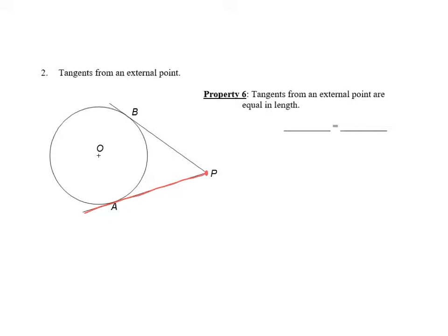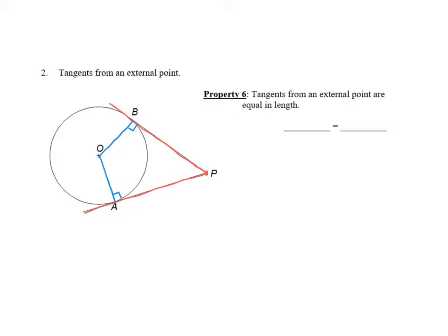If this is a tangent, that means it will be perpendicular to the radius of the circle at A. And next, we will have another tangent from the same point P to touch the circle at B. That means this tangent here will be perpendicular also to the radius.